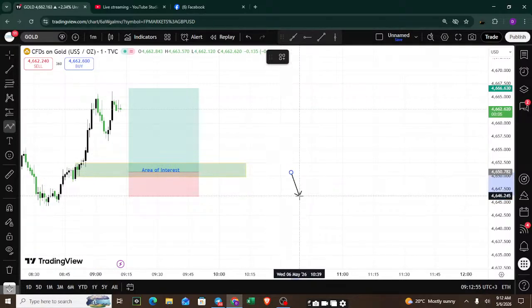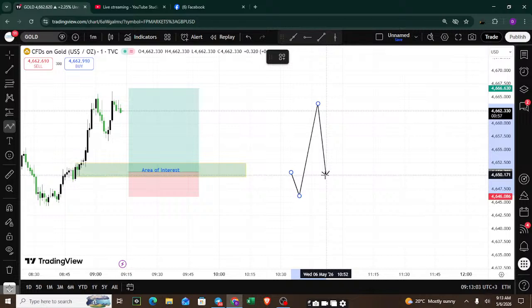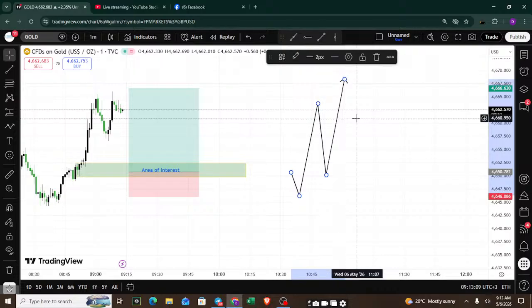So this is what I'm anticipating. Price is already in an uptrend, so I'm just anticipating for a pullback, and then a reversal.